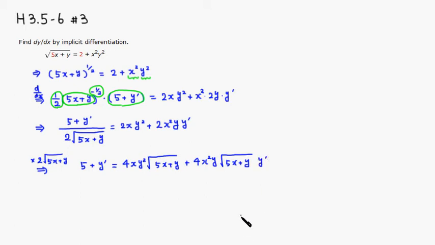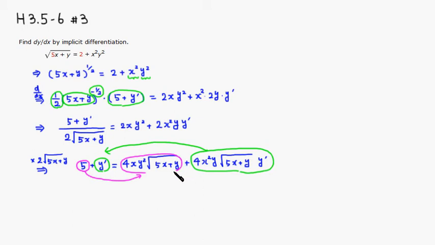All right. Then I'm going to collect the terms that have y prime in it. So you can see that there's a y prime here. And there's another term, 4x squared y square root of 5x plus y. I'm going to put both terms on the left-hand side, so I'm going to have to move this guy to this side. Everything else does not have y prime, so I'm going to put 5 on the other side, and I'm going to keep this guy where it is.